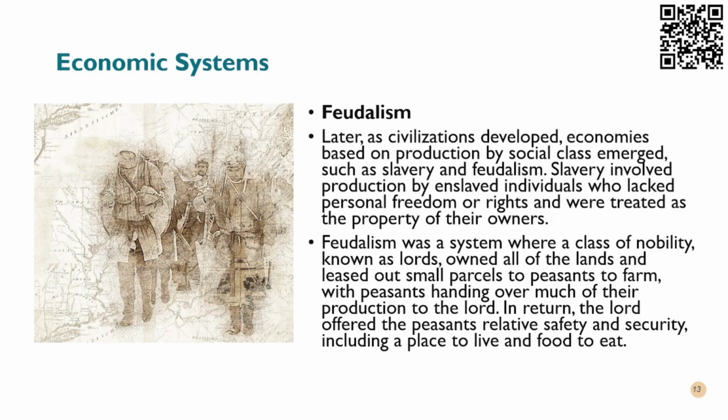So this is the time where there are monarchs, kings, and queens that own much of the land, and you just lease these lands to peasants, to farmers. And then farmers will give a certain percentage to their lords or to their king. So that's how feudalism works.